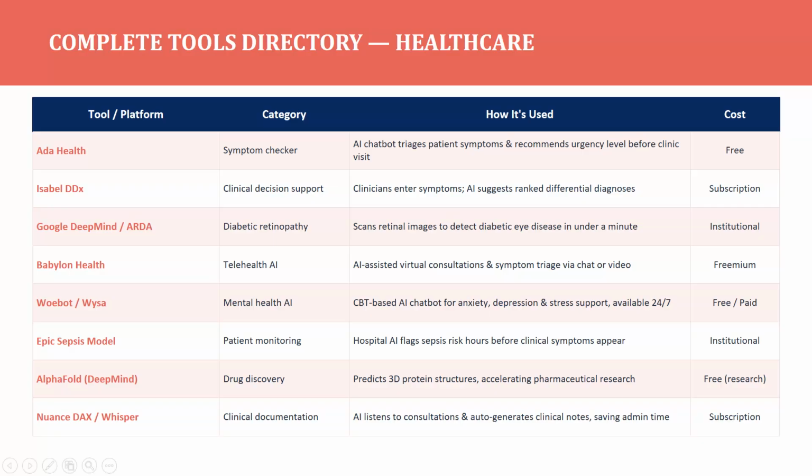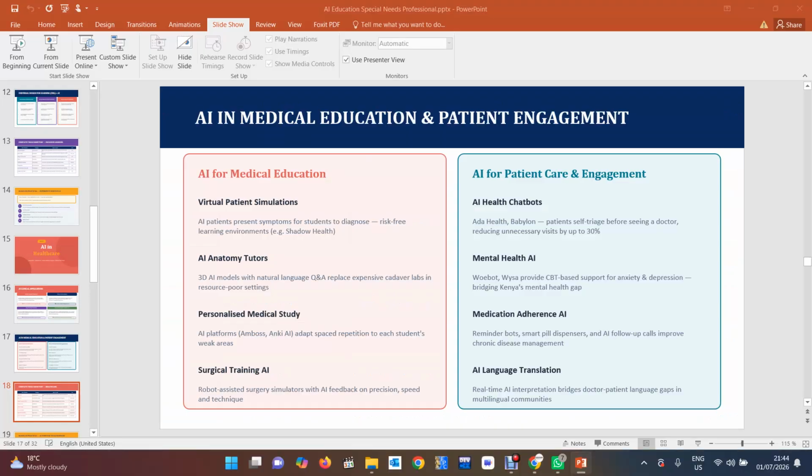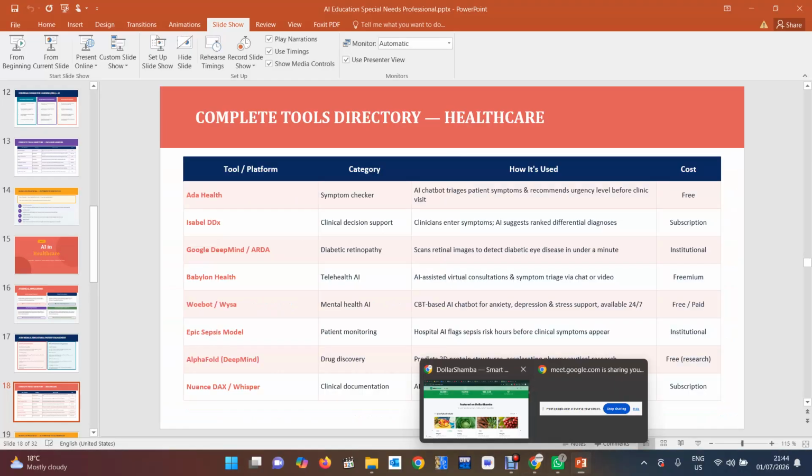For instance, if we check the Babylon Health or the Woebot, let's say we are looking for a chatbot for anxiety, depression, and stress support. Let's look at the Wysa or the Woebot. How does it operate?